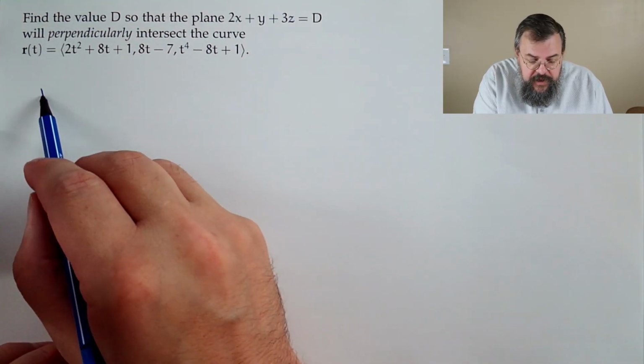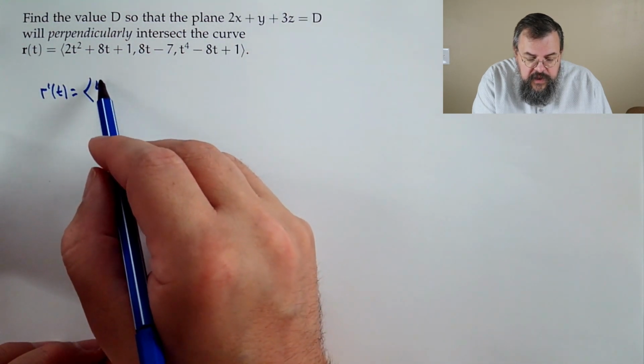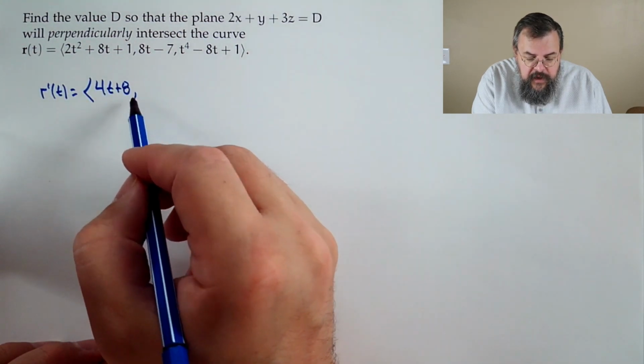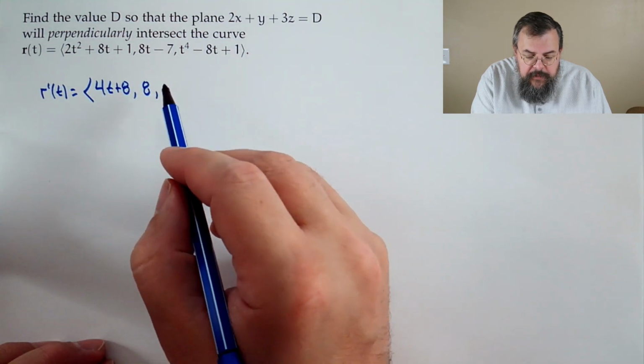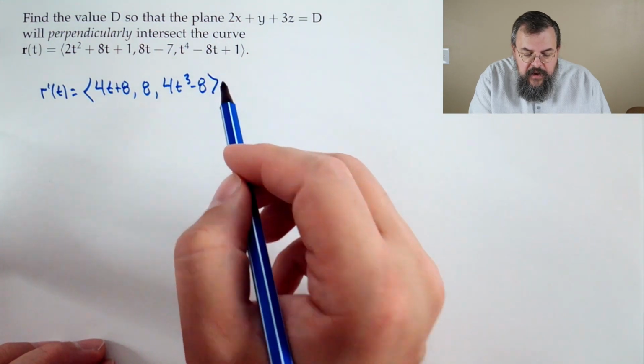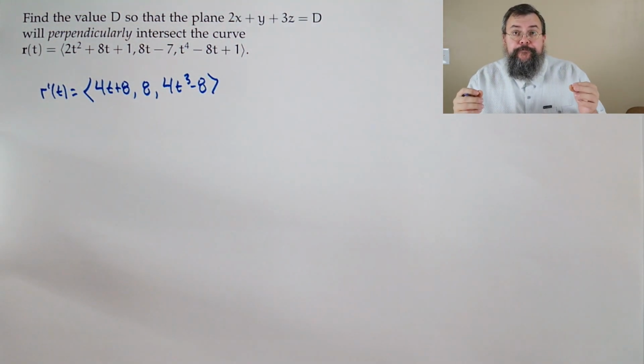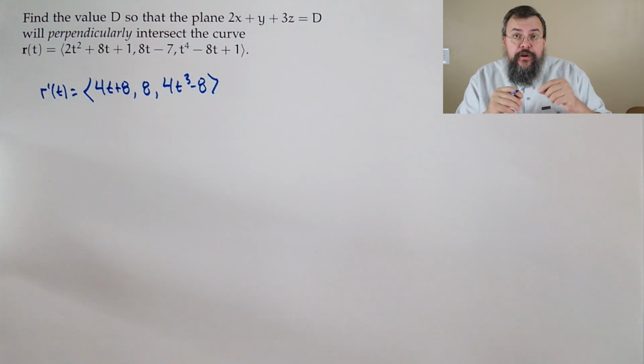So r prime of t would be 4t plus 8, comma, 8, comma, 4t cubed minus 8. If I plug in any value for t, that would be the normal for that perpendicular plane, for that given t.